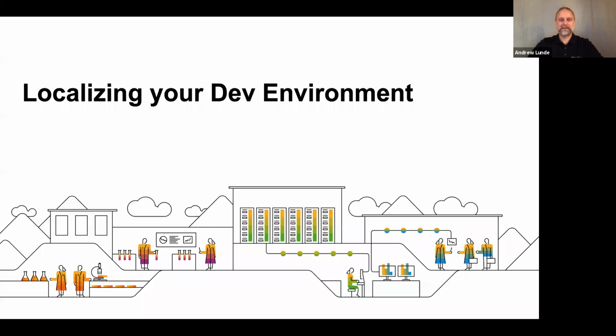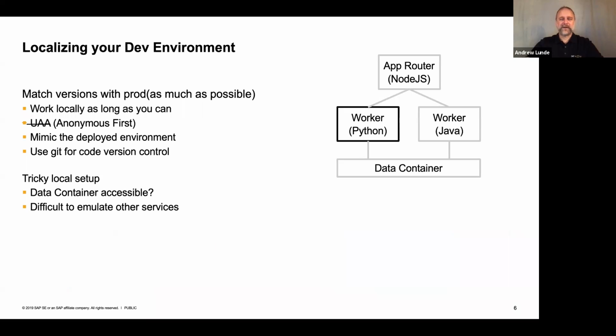One of the things that we can do to bring it back home is localizing our development environment. So here we are looking at our application again. One of the things you can do is try to test your application as much as possible locally before you even try to deploy it into the cloud.